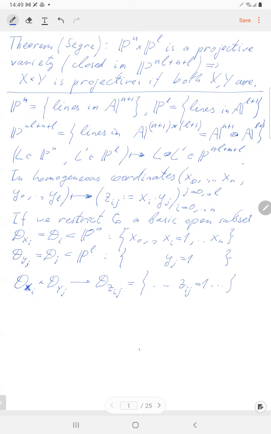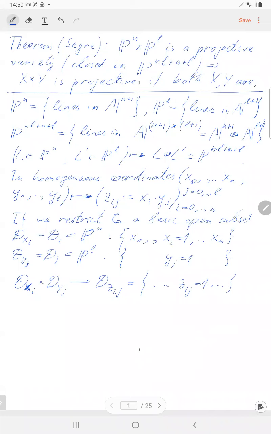Just by the formula, because if we put 1 at the ith place in x coordinates and 1 in the jth place in y coordinates, then we get 1 in the ij place for z coordinate. Okay, and then for other coordinates, it is just a product, so it is really a morphism of an affine space given in these coordinates.